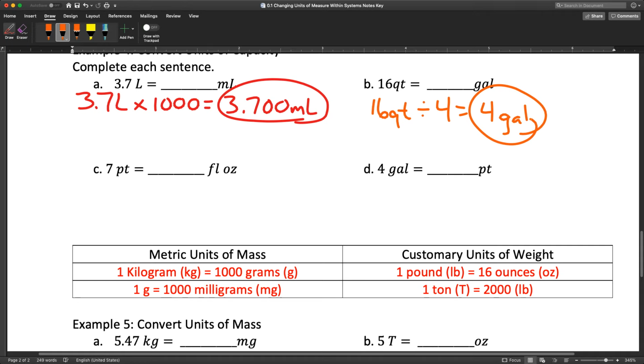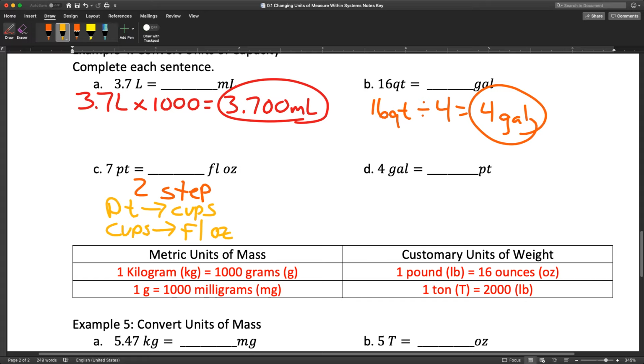What you will notice if you try to do C and D, they are both 2-step equations. Okay, on C, you will have to convert from pints to cups, and then convert from cups to fluid ounces.